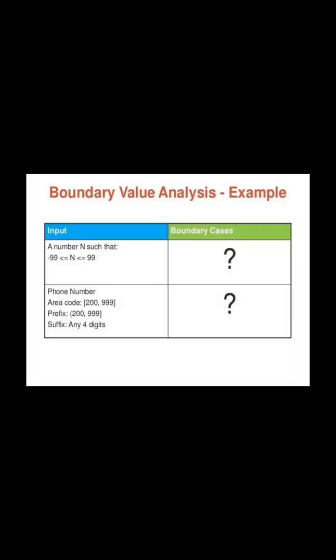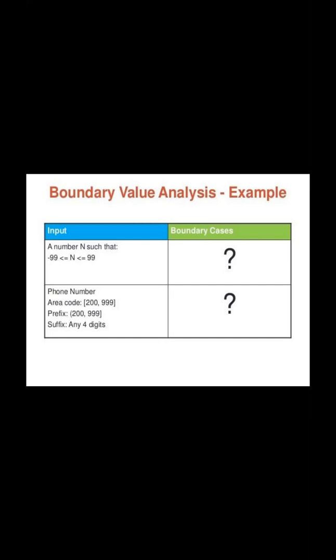Here, for example, in boundary value analysis, take a number n such that we want to check the constraint minus 99 to plus 99. Then the value of n ranges from minus 99 to plus 99. In the same way, any phone number will have an area code, prefix and suffix. The suffix will have the actual 4 digits, and the prefix will have the area code.